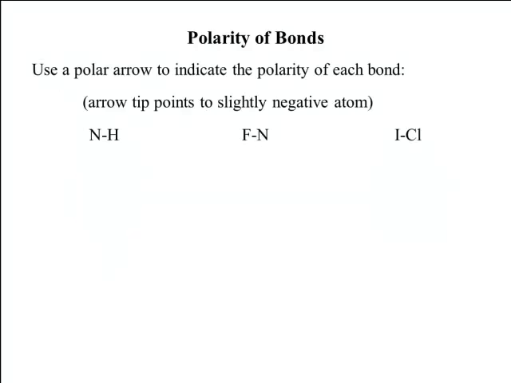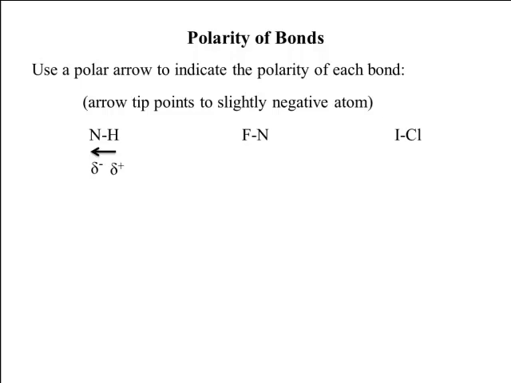All right, so let's take a look at some examples here. Let's look at just a nitrogen-hydrogen bond. We want to know which one is going to have a slightly negative end and which one is going to have a slightly positive end, and we're going to represent this direction with an arrow and some lowercase Greek deltas. If I look at nitrogen and hydrogen, which one has the greater electronegativity? The one with the greater electronegativity is going to pull those electrons in that bond a little bit closer towards it.